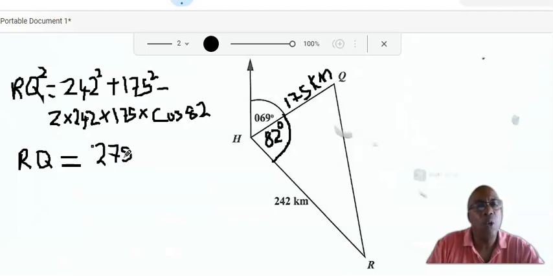We have used the cosine rule and we have found the second part of the question, which is RQ. So I can put it here, 278 kilometers. And that's the second part of the sum.